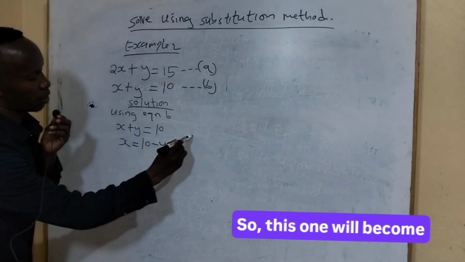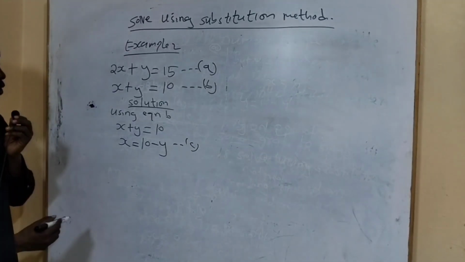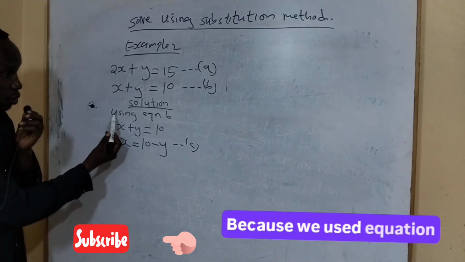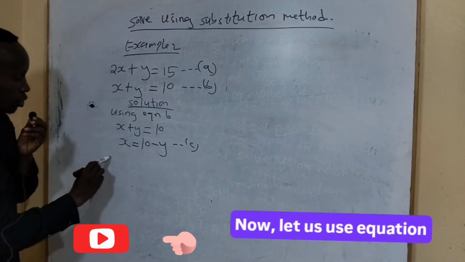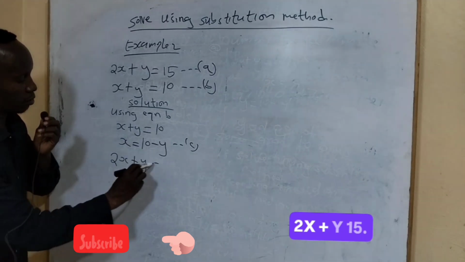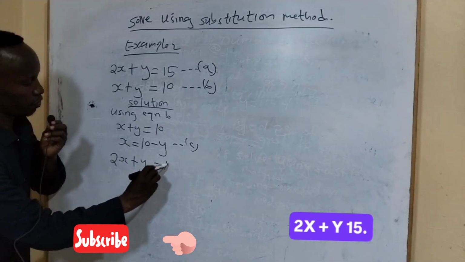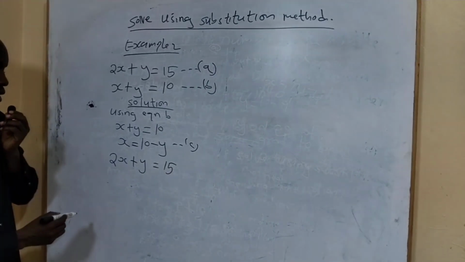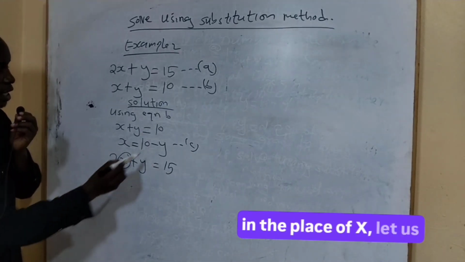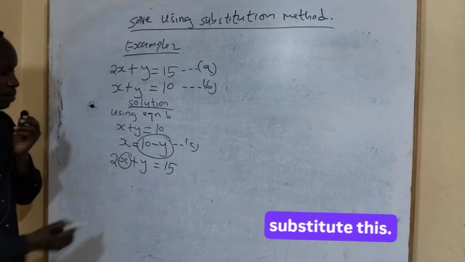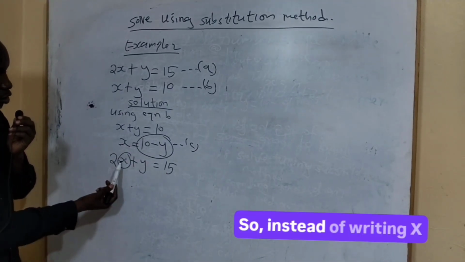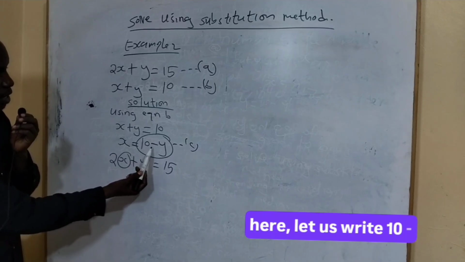So this one will become our equation C. Now we substitute this one in equation A, because we used equation B. Now let us use equation A. 2x plus y is equals to 15. Now in the place of x, let us substitute this. You see this, the x is equals to 10 minus y. So instead of writing x here, let us write 10 minus y.